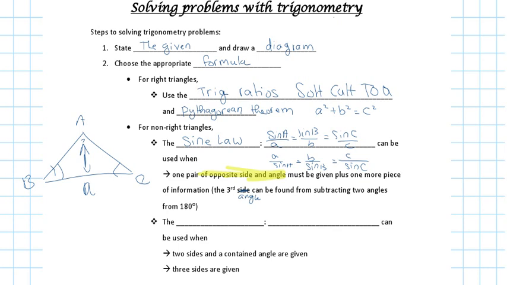And then if you're given two sides and a contained angle, or if you're given three sides, what formula do you use?